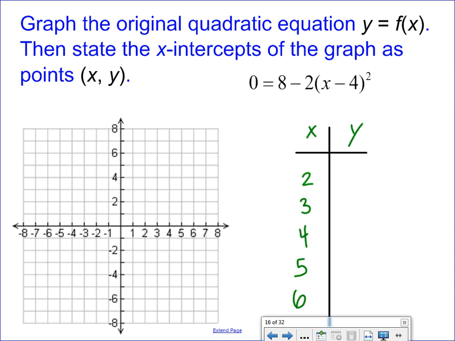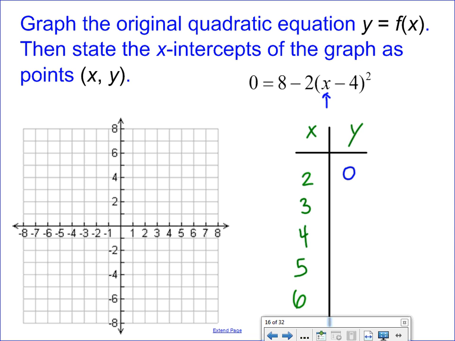So if I plug in 2, we just did that, right? We did 2 minus 4 is negative 2 squared is positive 4 times negative 2 is negative 8 plus 8 is 0. 3 in for x. 3 minus 4 is negative 1.